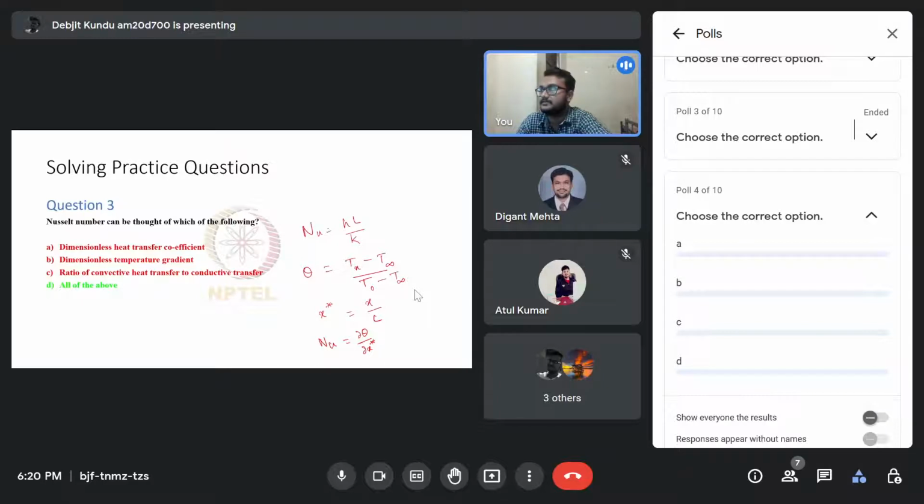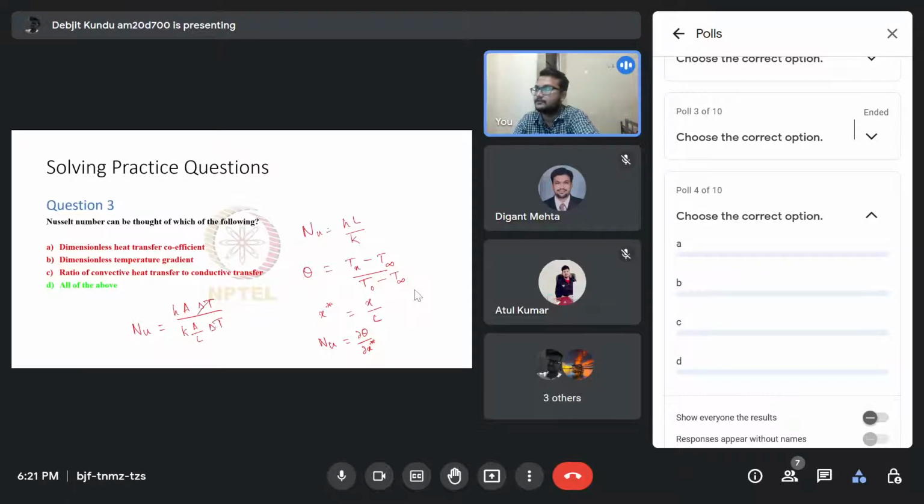And option C, the ratio of convective heat transfer to conductive heat transfer. So if we take a case, what is the heat transfer by convection? That can be written as hA into delta T. And if we look at the heat transfer by conduction through that same film of liquid in which convection is being considered, then that would boil down to something like this.